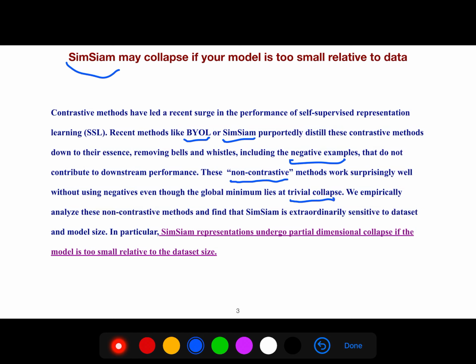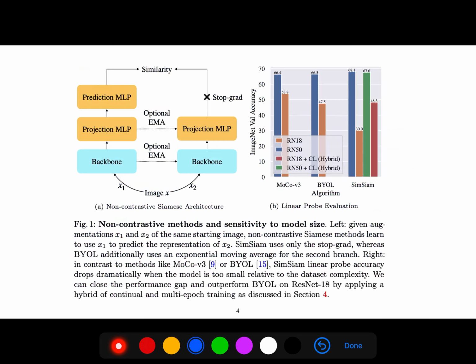They empirically analyze these methods and find that SimSiam is extraordinarily sensitive to dataset and model size. SimSiam representations undergo partial dimensional collapse if the model is too small relative to dataset size.